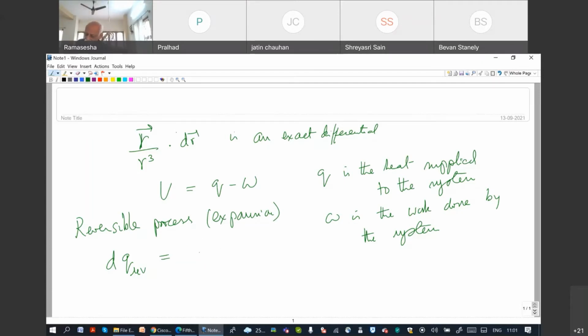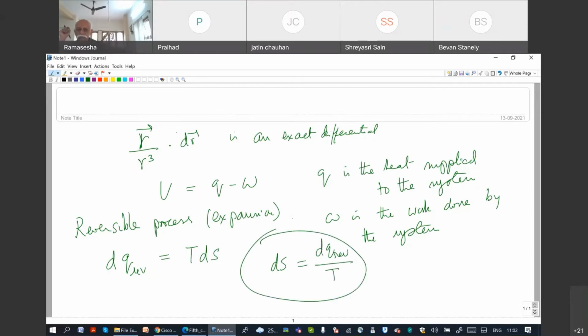What's the definition of entropy? dS is equal to dQ reversible by T. Have you come across this? Yes, sir. Why do I have to specify that it is reversible?